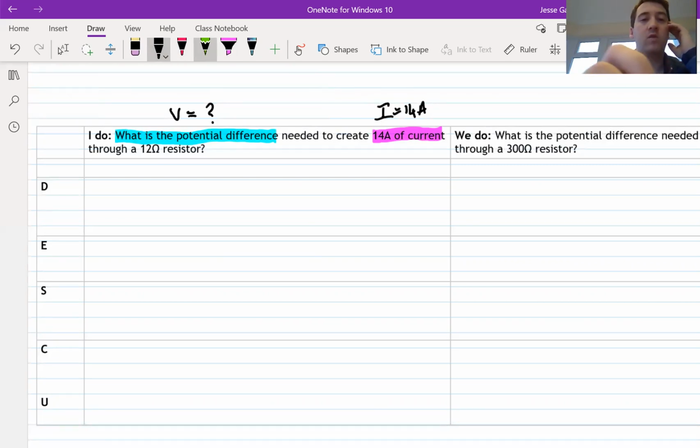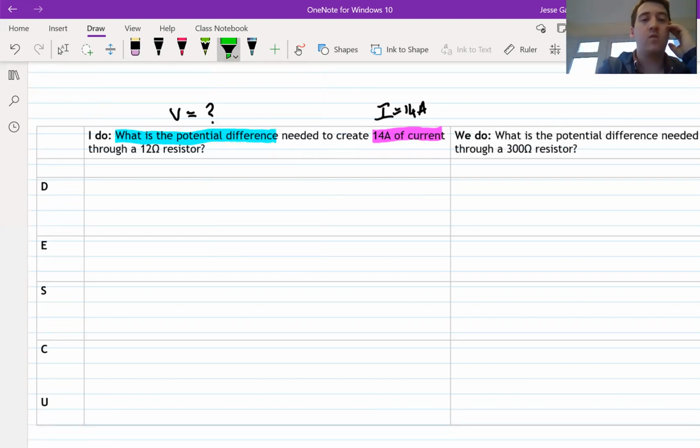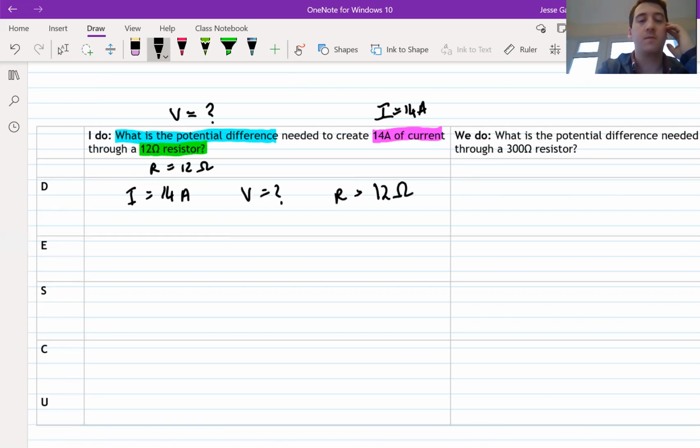And we know that we have a 12 ohm resistor. So R equals 12 ohms. So on my D line, I have I equals 14 amps. I have V is a question mark, and I have R, which is 12 ohms.